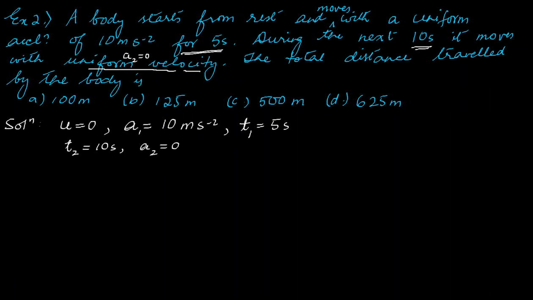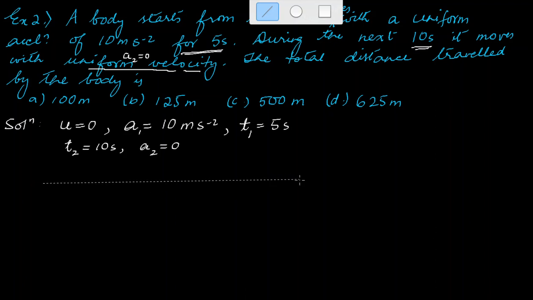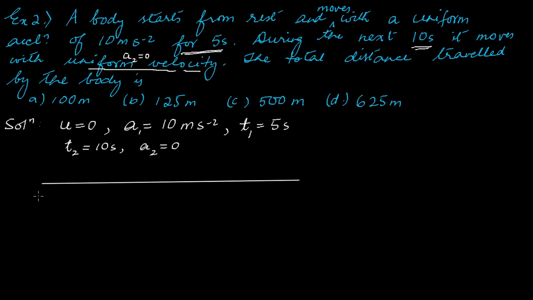Okay, so what do we do here? Let us draw the line. This is our very important line. Whenever you do these kinds of problems, you always have to draw this line. Let's call this point A, and at point A, u is 0. So this body is moving for 5 seconds.